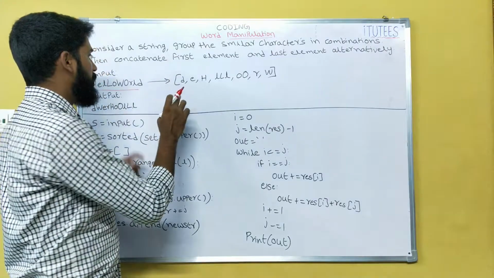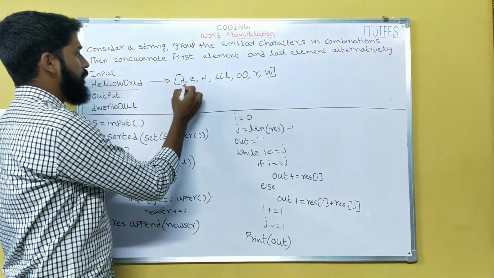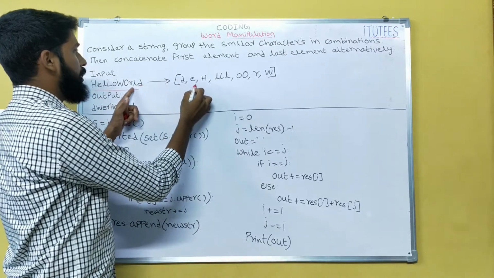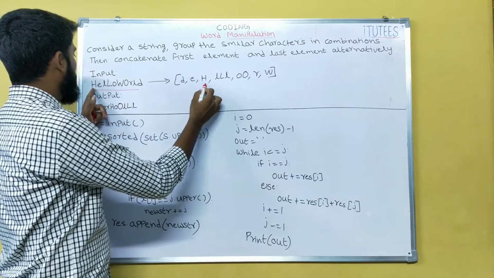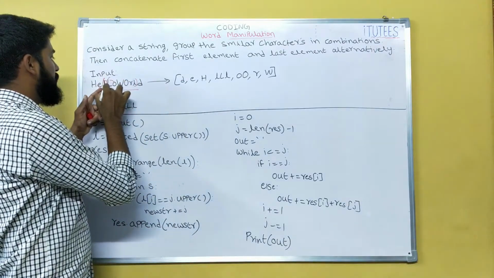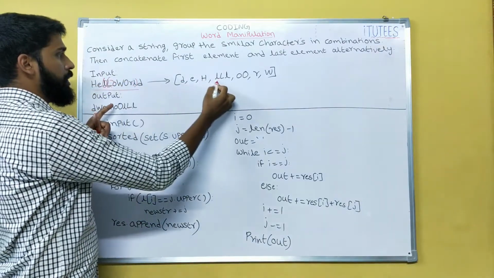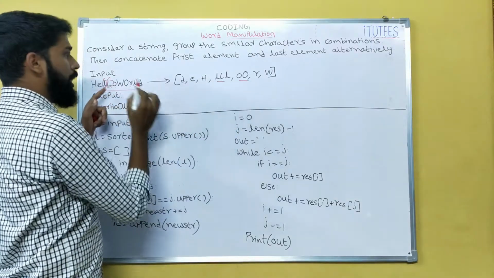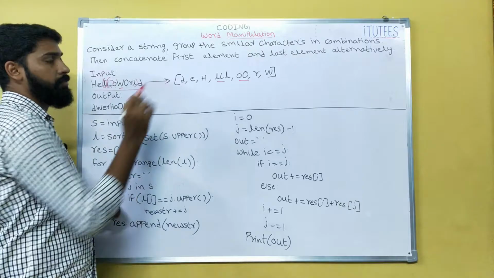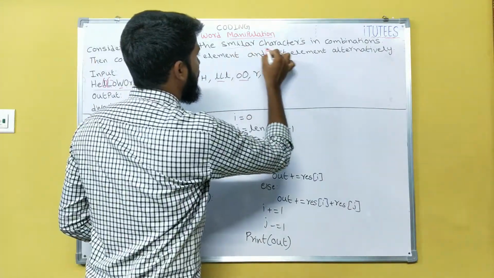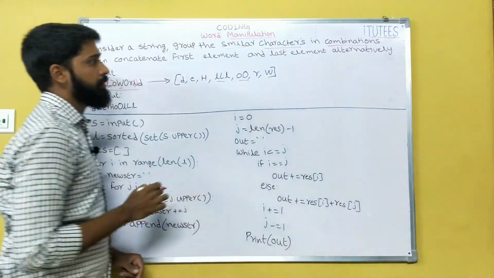In this, the characters are D, E, H. There are three L's, that means L, capital L, small l, then o, capital O, R, W. So these are the similar character combinations.